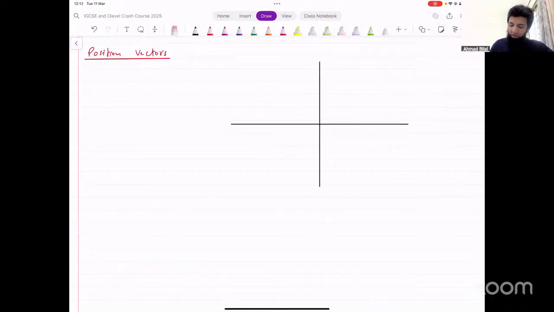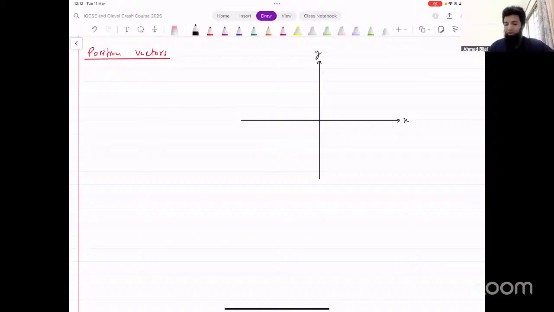If you have a point on this xy plane like this, let's say we have x and y axis like this, and there's a point, let's say somewhere here, this is point A. It has coordinates 4 and 2. So this x coordinate is 4 and the y coordinate is 2, and this is the origin. Right? Now we call 4 and 2 the coordinates of the point A.